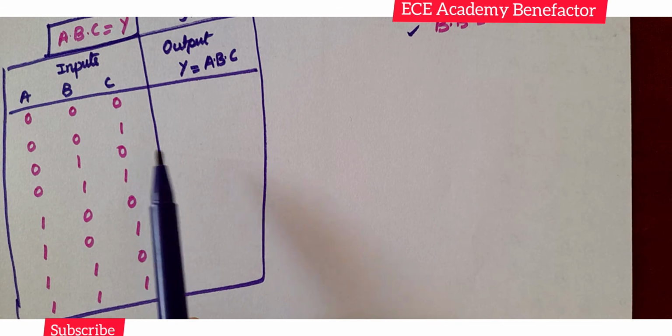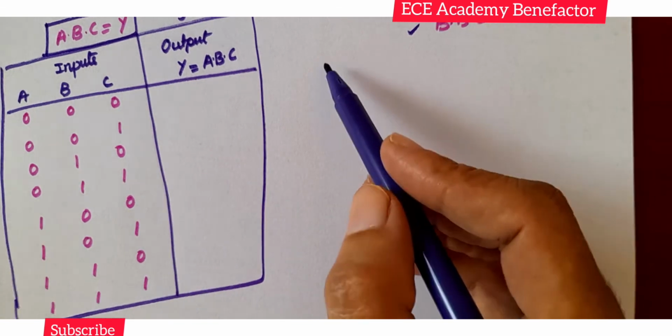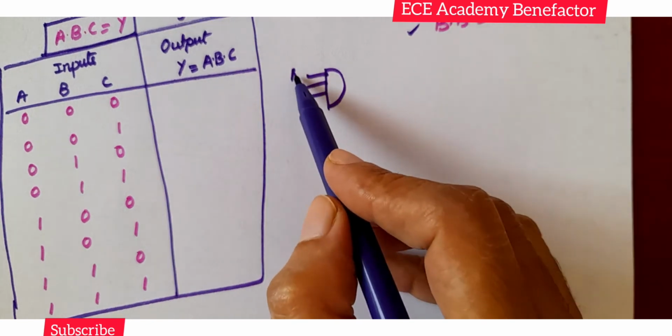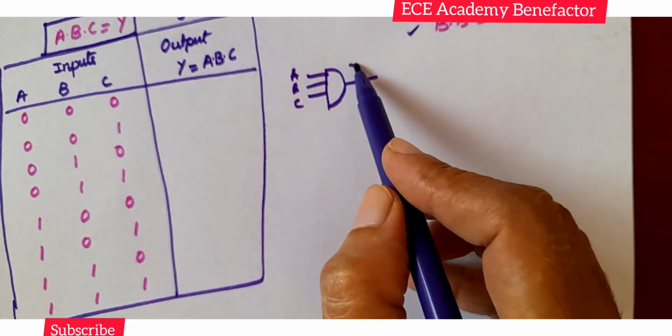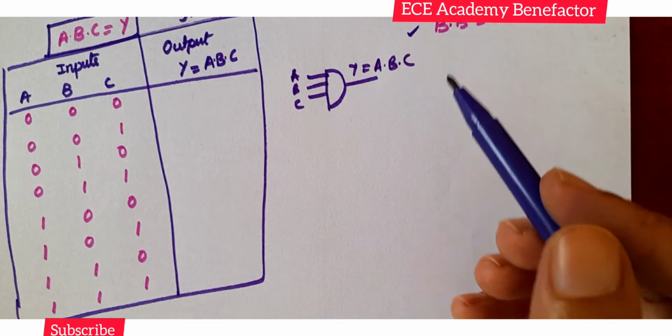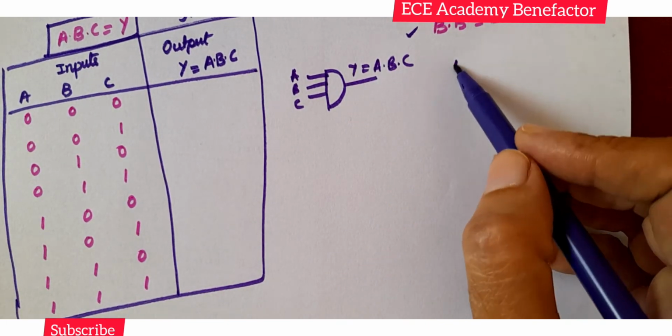Okay, now let us multiply. You know the AND gate. What is an AND gate? A, B, C. Output is A dot B dot C. What is the AND gate truth table?